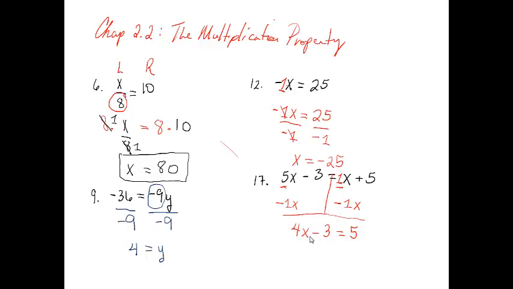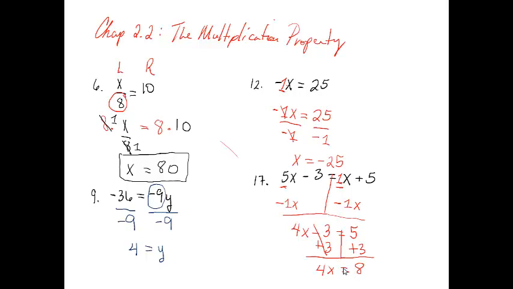And the first thing I'm going to move is that minus 3. So how do you move a minus 3? Yep, you got it. You add 3. Add 3 to both sides. They cancel here because negative 3 plus 3 is 0, and you're left with just 4x equals 8.